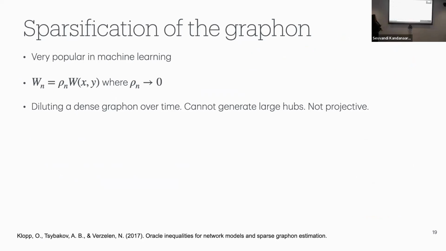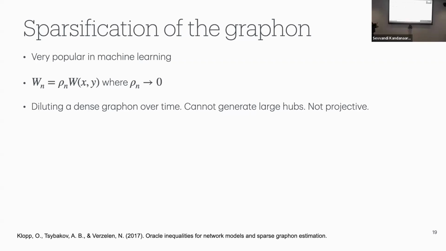And then there is a method that's very commonly used in machine learning, where instead of having a single Graphon W, you have a sequence of Graphons W_n, where it is rho_n W(x, y). So rho_n is the edge density. As the edge density goes to 0, you start with the Graphon and you dilute it.